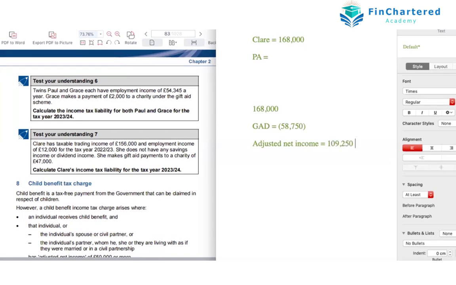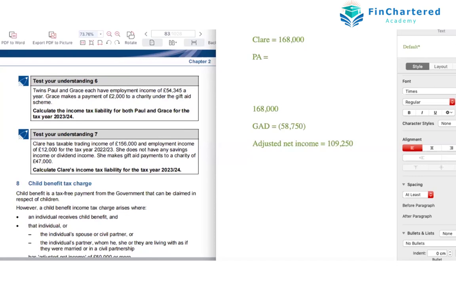And for personal allowance, again, for the ones who haven't watched the previous recording and are watching this recording, this is only the fourth class, right? So 109, again, the excess over 100,000 is what will be subject to a 50% reduction.